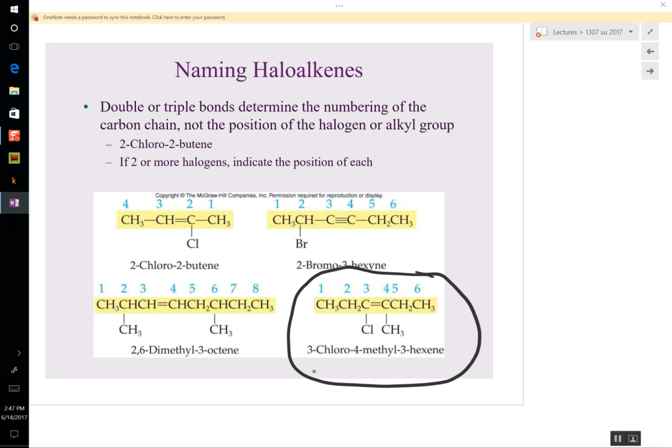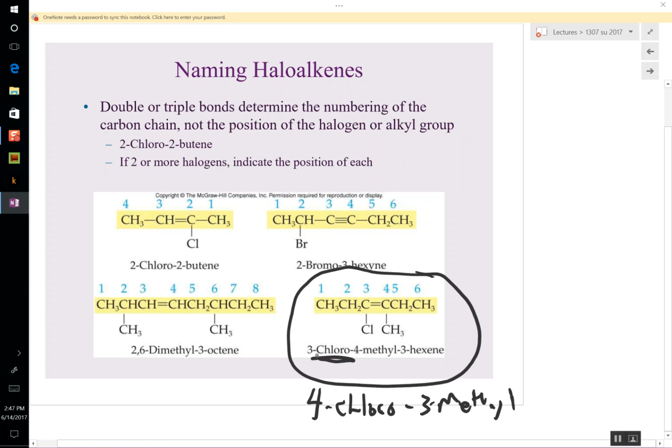If I went with 4 chloro, 3 methyl, 3 plus 4 is 7. So it's a dead heat. The total number for all the substituents is 7 whichever way we do it, but now we're going to prioritize the chloro.